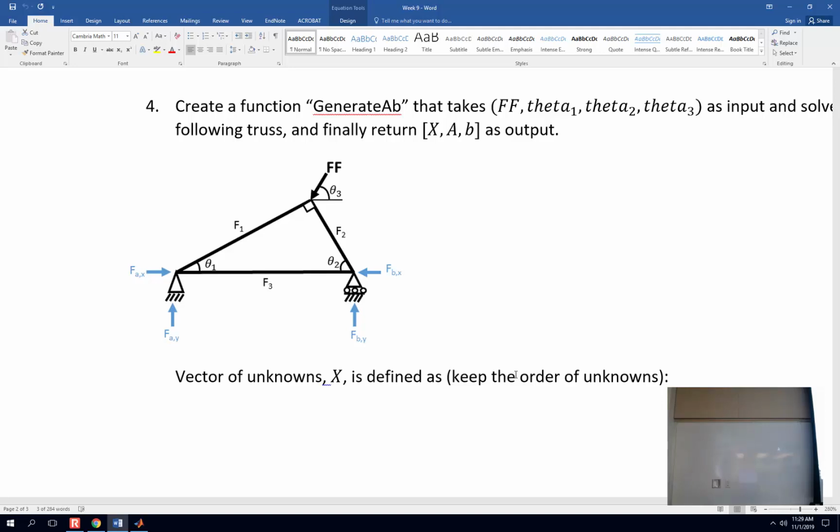Ff sine of theta 3 is basically the vertical portion of Ff, right? That is equal to what?